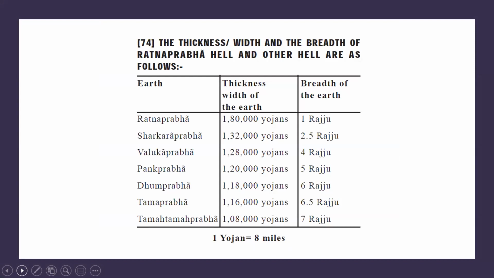The second, Sharkara Prabha, decreases to 132,000 yojans and the breadth is 2.5 rajjus. Similarly, if you go all the way down to the seventh Narak, Mahatama Prabha, the thickness is 108,000 yojans and the width is 7 rajjus. So the width increases and the thickness decreases as you go down.